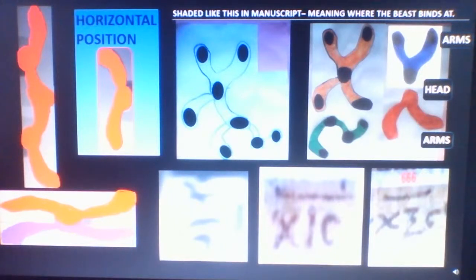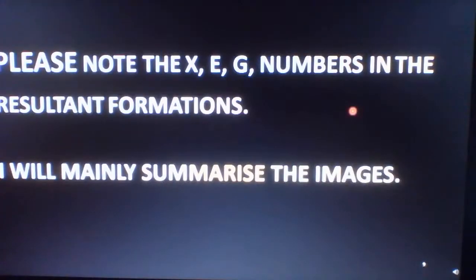Now, what I did after uncoupling them into the different parts, I then coupled each together using 2 or 3 or 4 in order to see the complex images they make. Please note the SEG numbers in the resultant formations; I will mainly summarize the images.